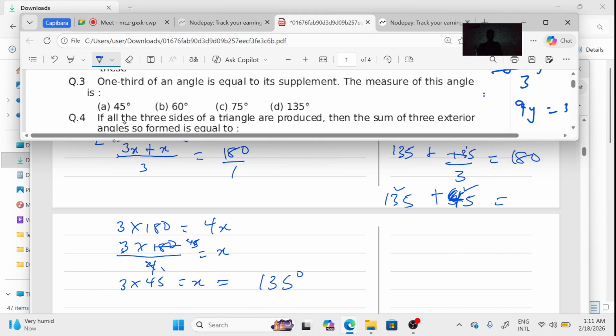Question 4. If all the three sides of a triangle are produced, then the sum of the three exterior angles so formed is equal to. Okay, so how do we do that? We'll say exterior angle.